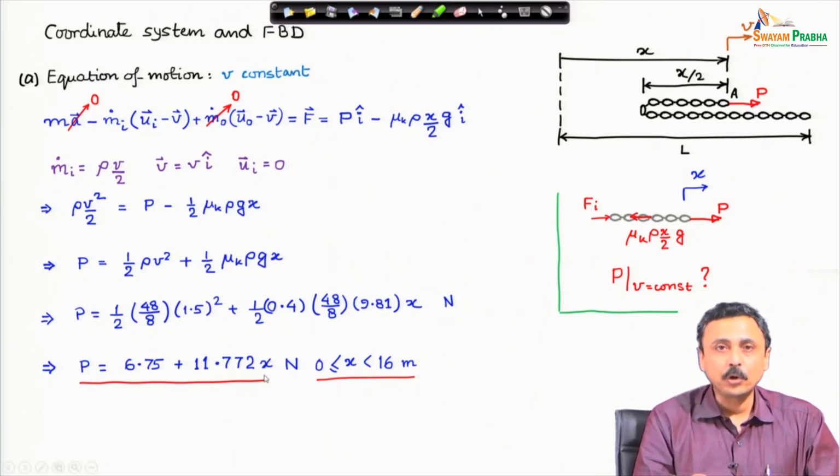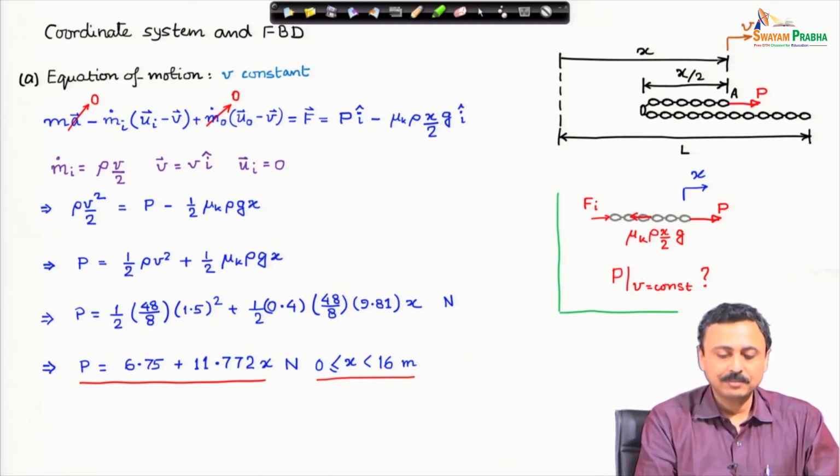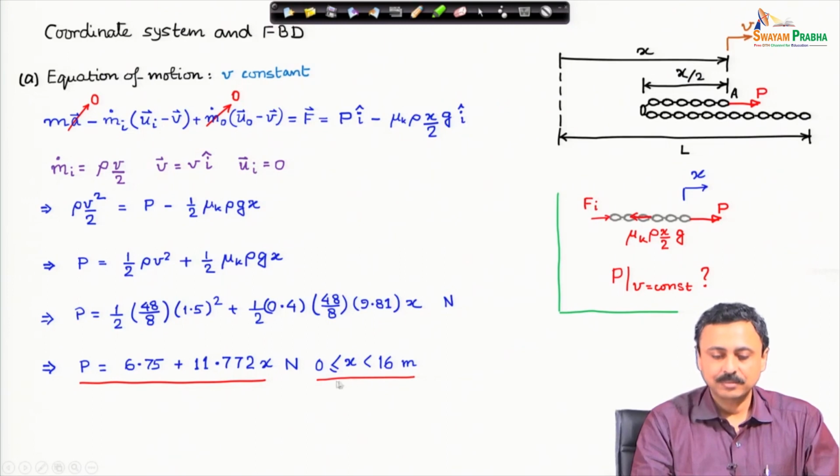Since the system is growing as the links are getting added, with increasing value of x, this force is also going to grow, and here it is growing linearly with x, and this is valid till x goes to 16 meter, from 0 to 16 meter. Why 16?